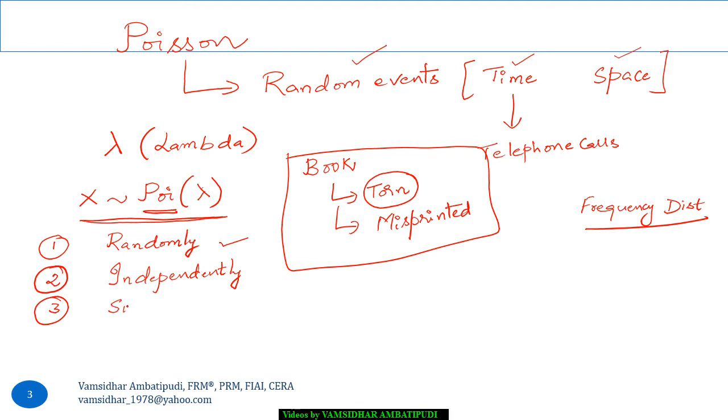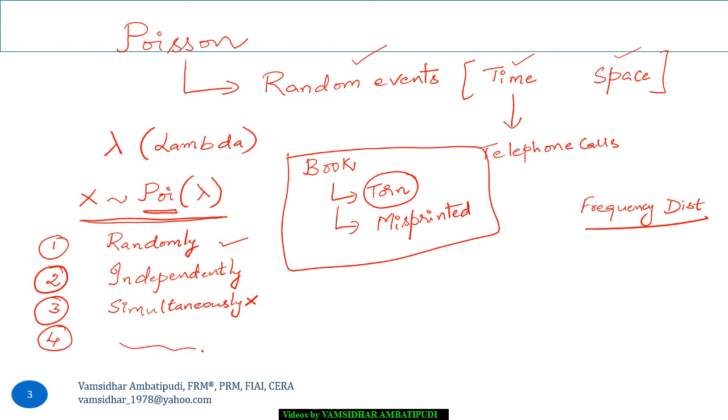And two events cannot occur simultaneously. Obviously, if I get one phone call, the second cannot come, because if one is coming, I would be servicing the one, so the second one has to wait. That is where we are saying two events cannot occur simultaneously.